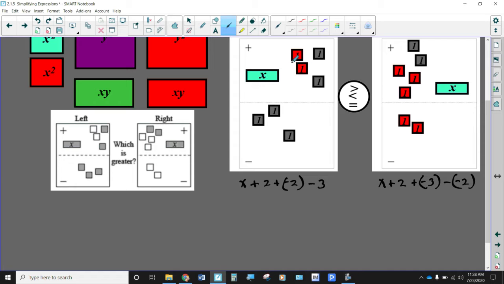You've got an x, a 2, and a negative 2. So x plus 2 plus negative 2. And what's being subtracted away? 3 positive 1s. So x plus 2 plus negative 2 minus 3 is this expression that is represented here. And on the right side, you got an x plus a 2 plus a negative 3 in the positive region. And what is being subtracted away are 2 negatives, so minus a negative 2.